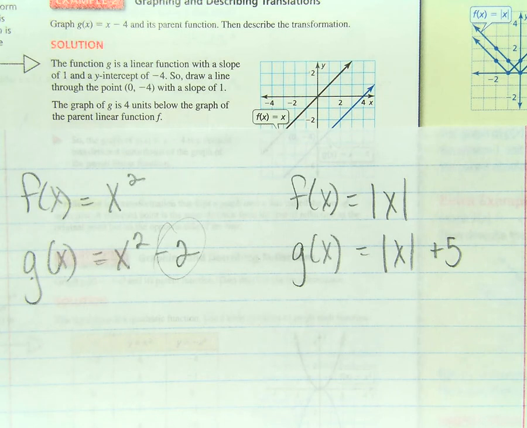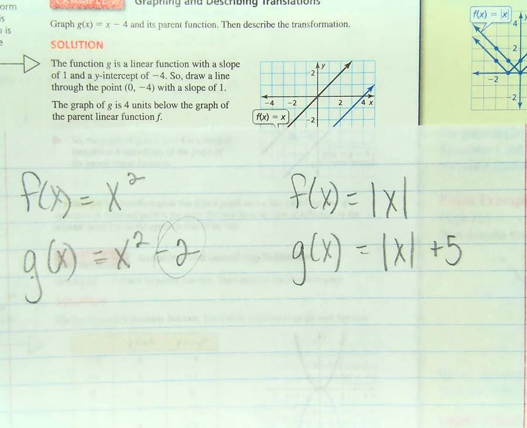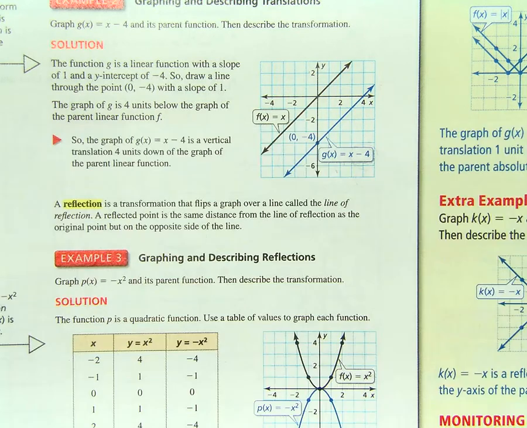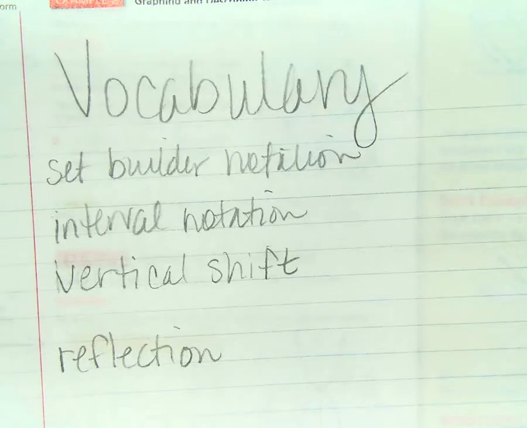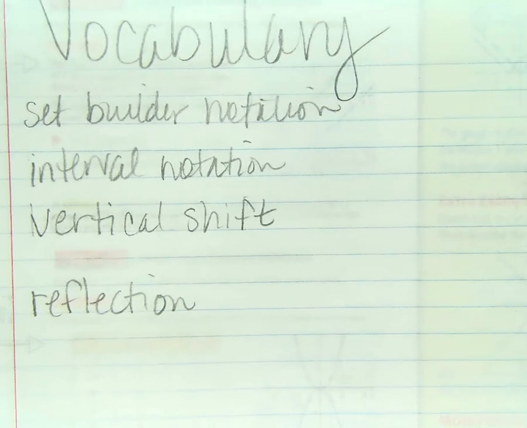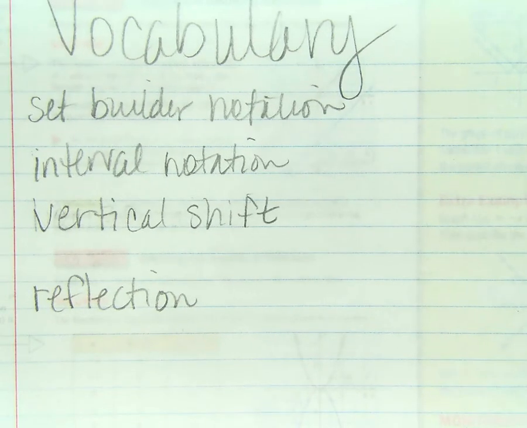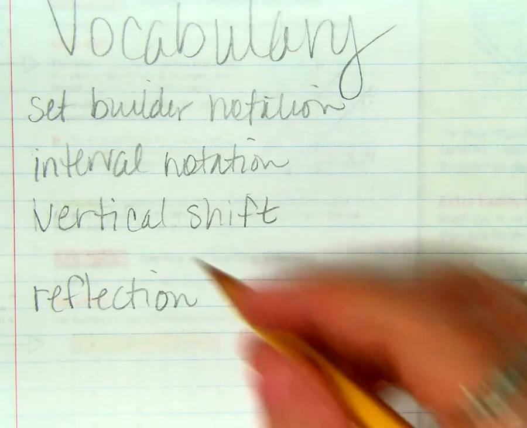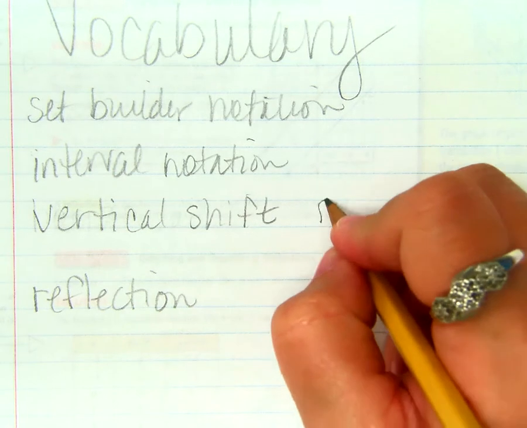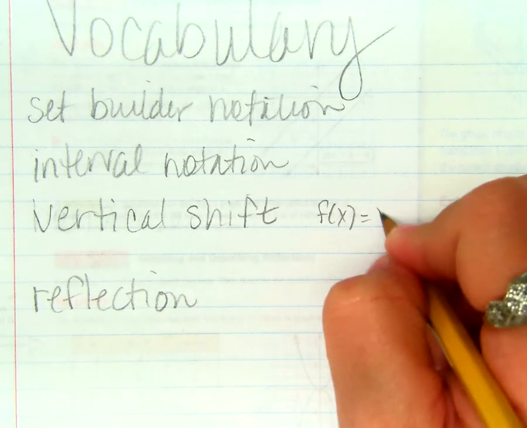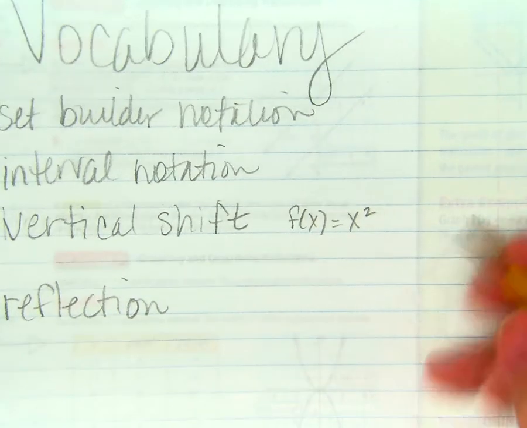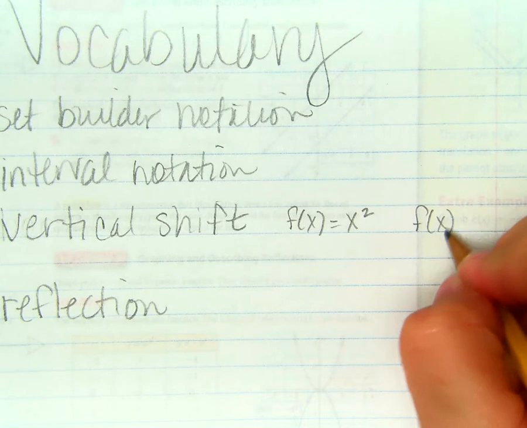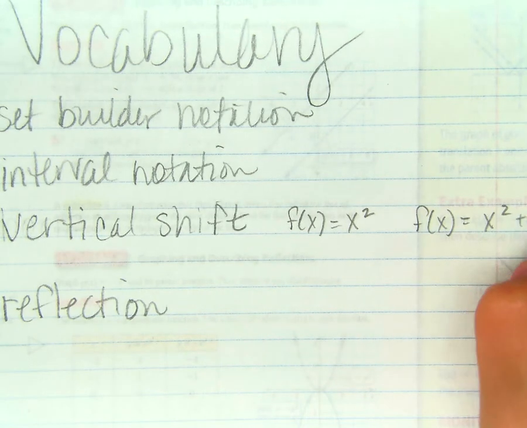Yes? Good. So, on your vocabulary page, right here, remember sometimes we'll write a definition and sometimes we'll just give ourselves examples to refer back to? Okay? So on the vertical shift, let's go ahead and write f of x equals x squared. And f of x equals x squared plus 5.